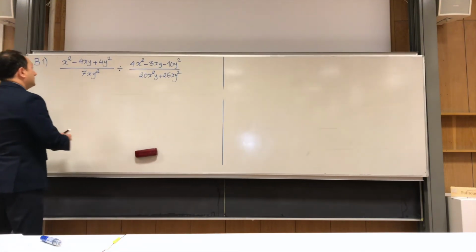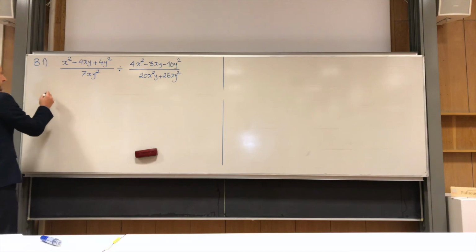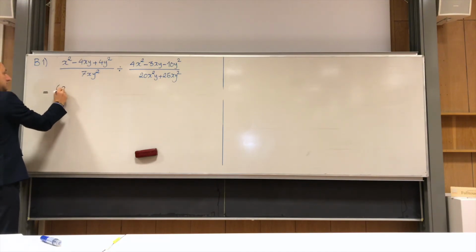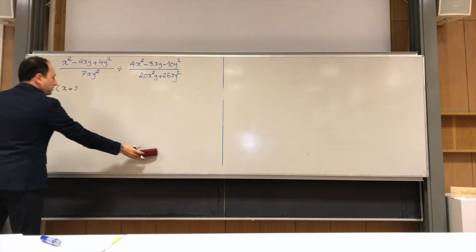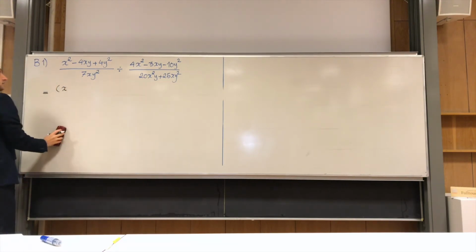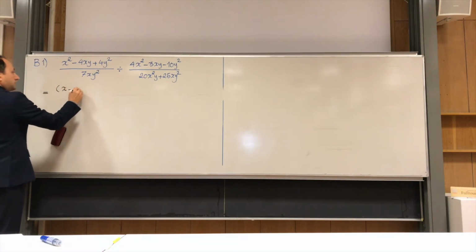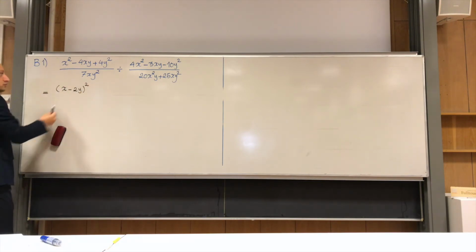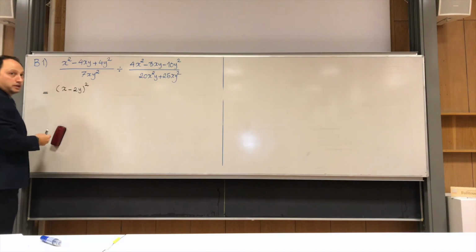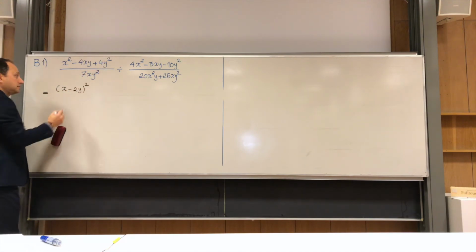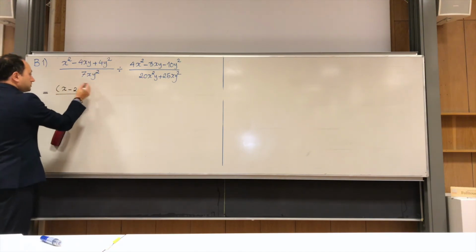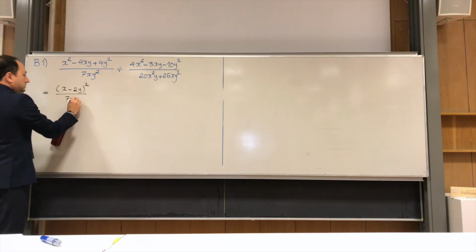So this, I think it's easy for you. This is the quadratic rule. This is (x minus 2y) squared, because this middle term is negative, so minus 2y to the 2. To make sure that's right: the first one squared, x squared, 2 times the first one times the second one, and the second one squared is that. For the denominator, I cannot do anything, so that's just simply this.